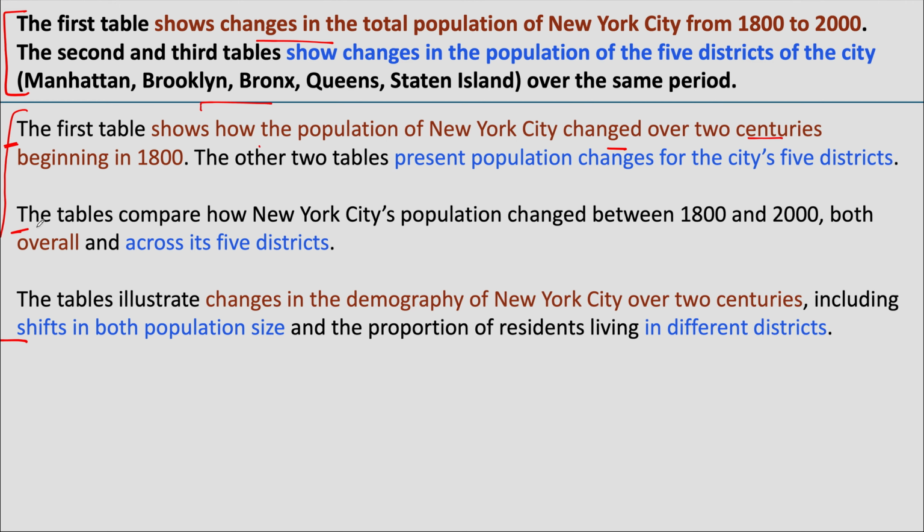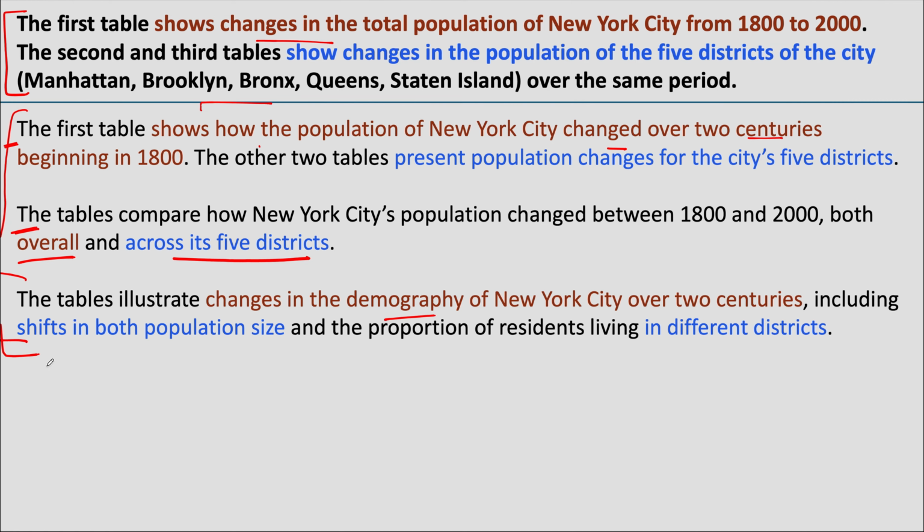In the second paraphrase, I haven't mentioned the three tables separately. I have simply said that the tables show population changes. Instead of total population, I've written overall and then just mentioned that it also mentions changes over the 5 districts. The third paraphrase uses more advanced vocabulary, demography.